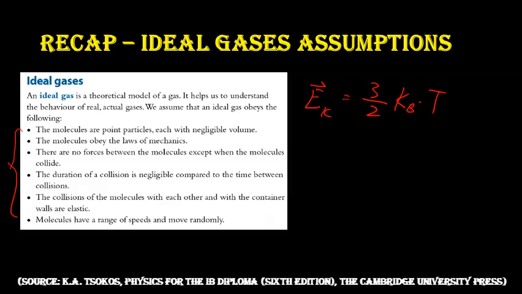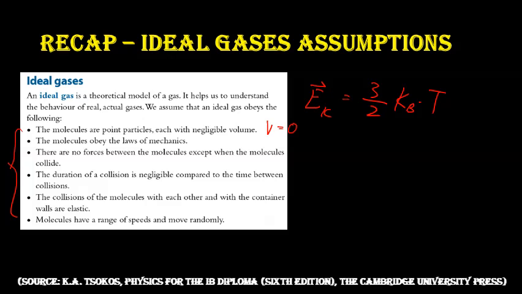So let me quickly go through some of them. The first one is basically we assume the molecules have infinitely small volume, which tends to 0. The second one is very simple, obeying the laws of mechanics, physics, momentum. And the third one is talking about there being no forces between molecules.